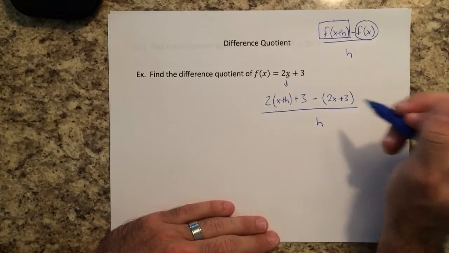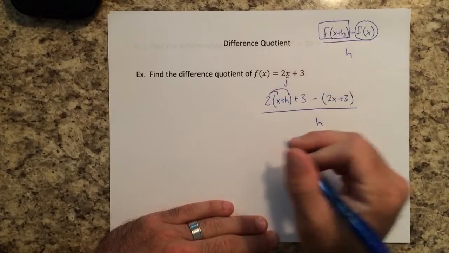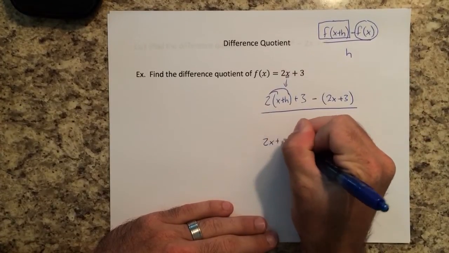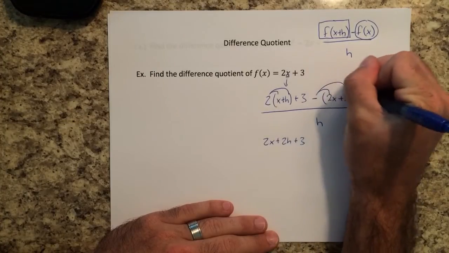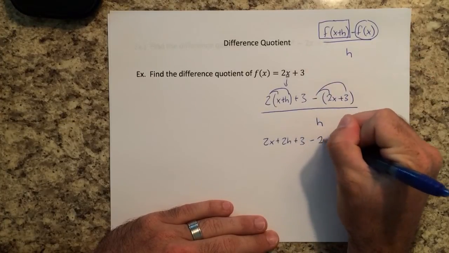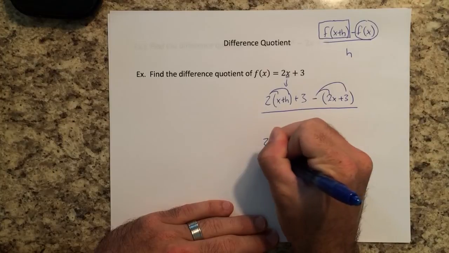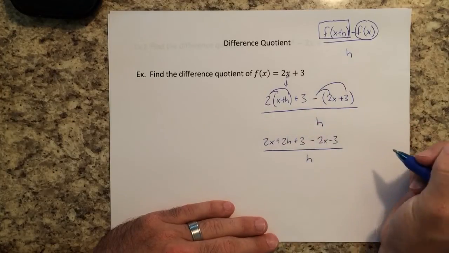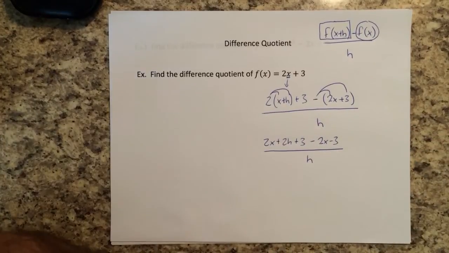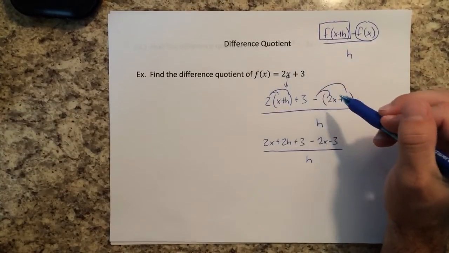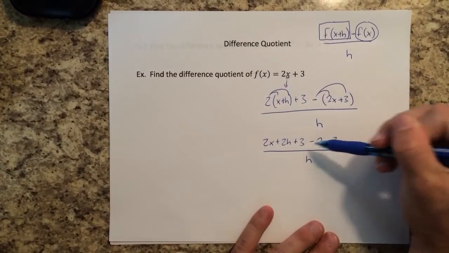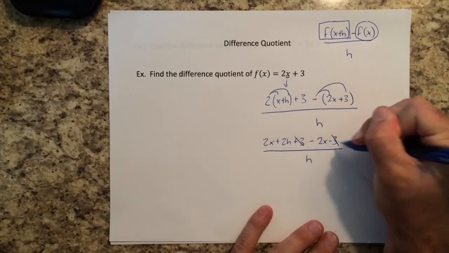So all I can really do here is distribute my 2, which gives me 2x plus 2h plus 3, and I need to distribute my negative sign, minus 2x minus 3, and it's all over h. And then combine like terms, and when you combine like terms, most of the time in the difference quotient, stuff will cancel. I have a negative 3 and a positive 3, those cancel.